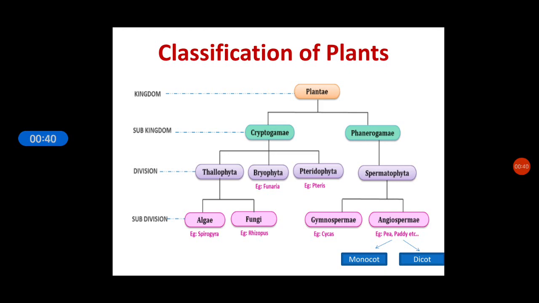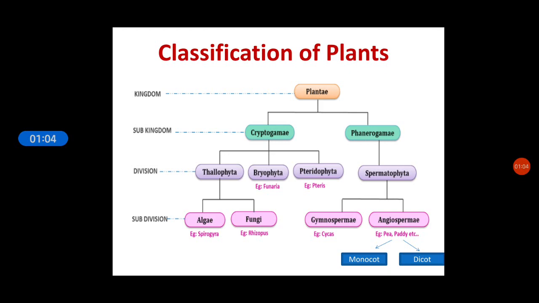Depending on different characteristics they show, cryptogamy is divided into three divisions: Thallophyta, Bryophyta and Pteridophyta, while phanerogamy is subdivided into gymnosperms and angiosperms, depending on whether seeds are enclosed inside the fruit or not.